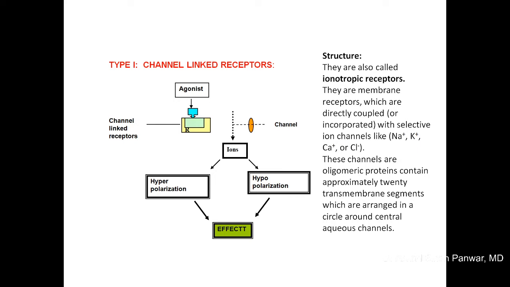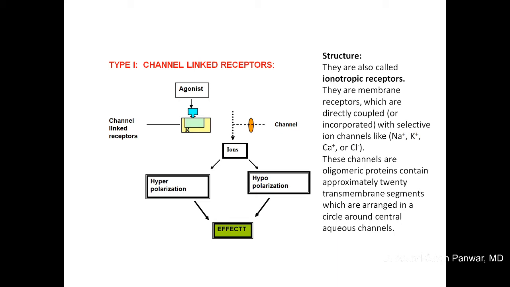These channels are oligomeric proteins, containing approximately 20 transmembrane segments which are arranged in a circle around a central aqueous channel. As you see in the diagram, the functions of this channel are primarily involved in fast neurotransmission only. The complete procedure, for example ligand binding and opening of the channel, takes only milliseconds.